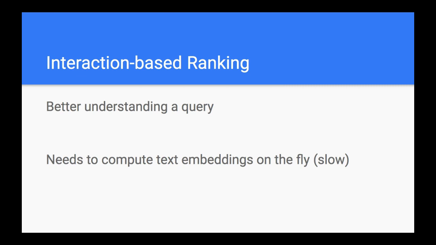So it's more like an attention mechanism, right? Depending on your query, your focus will be different. The good thing is the model will pay more attention to the things that are important to the query, so that it can understand local lexical features better. But the problem is you need to compute the document text embedding on the fly, which can be very troublesome and very slow. So that's why it's very hard to deploy in a production setting.